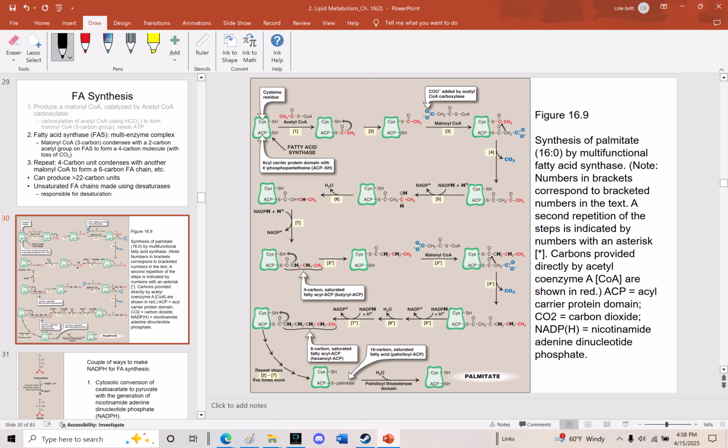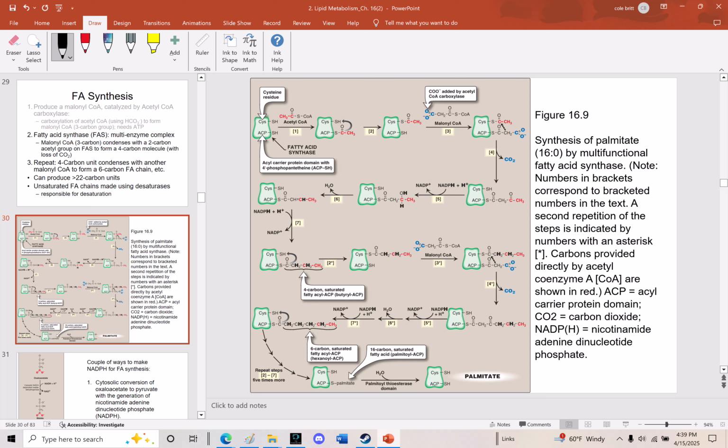Oh, I do want to point this out. Here is where NADPH is. So remember, we do have to reduce the fatty acid that we're making. By reducing it, we're putting the electrons, and the electrons are in the form of those hydrogens there. So here's a hydrogen.